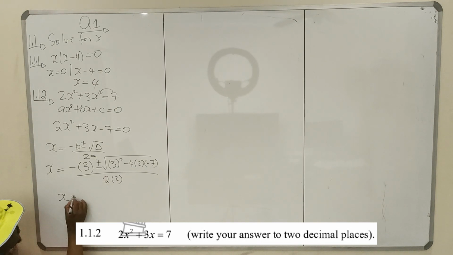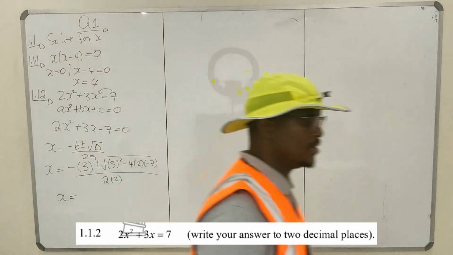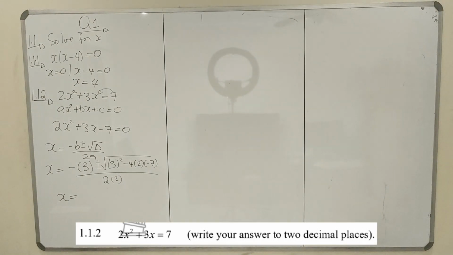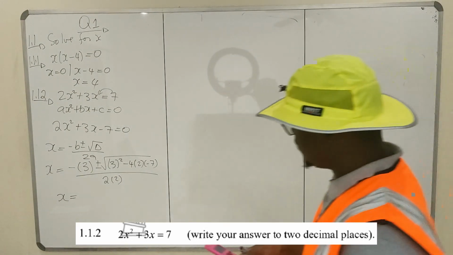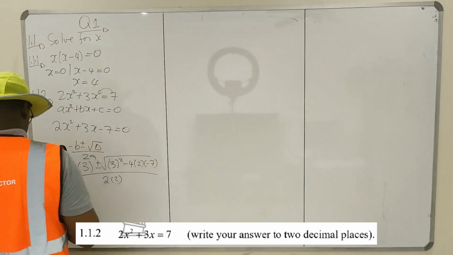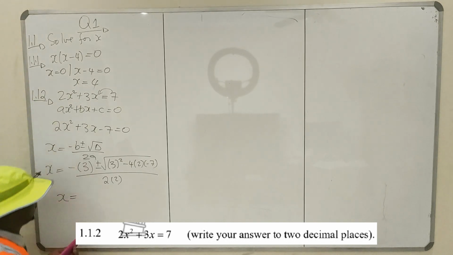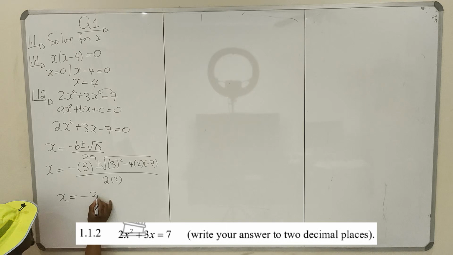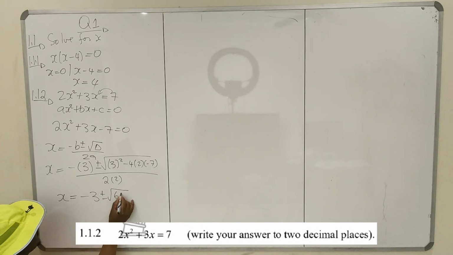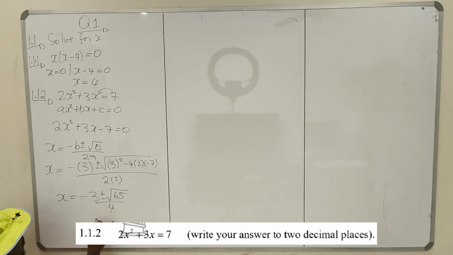So x is equal to, punch this in your calculator and see what you get. I'll do that, and hopefully you can help me do that as well. Negative 3 plus the square root of 3 squared minus 4 times a times c, all over 2 times 2. So you get that x is equal to negative 3 plus or minus the square root of 65, divided by 4.